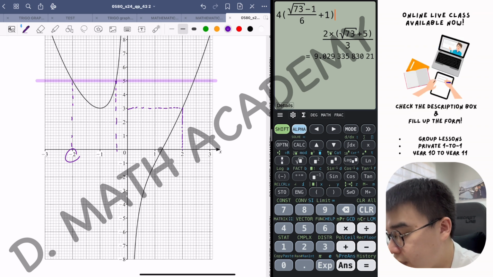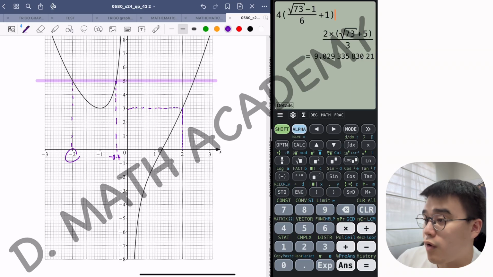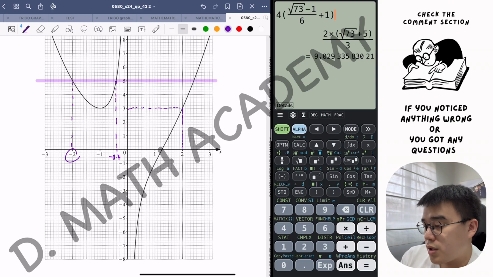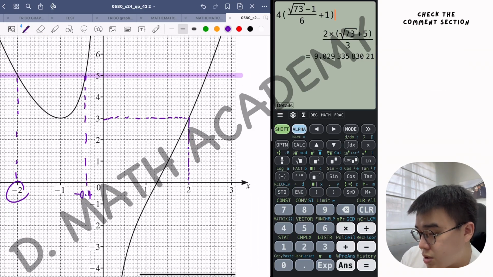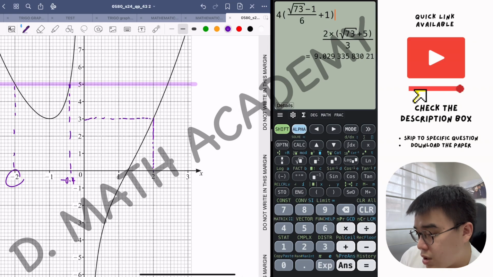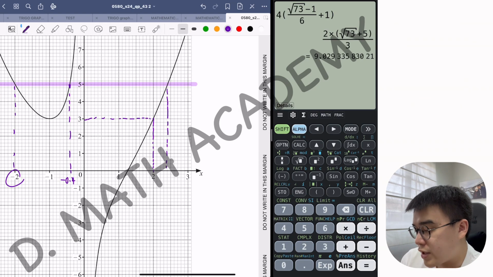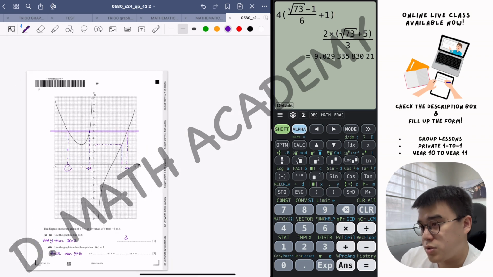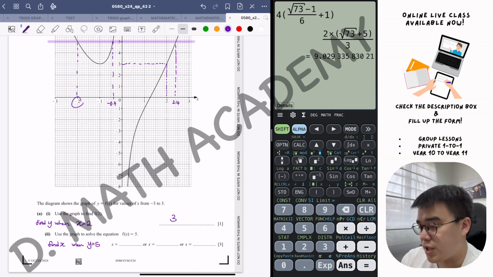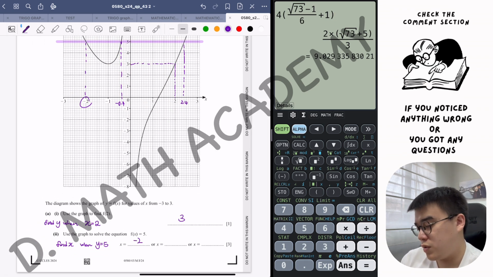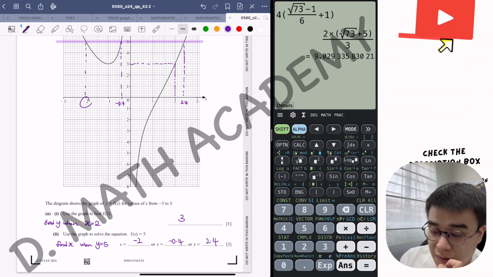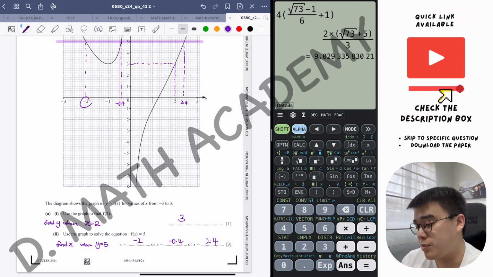This one shows me -0.4. And then the other one over here shows me the answer as 2.4, I think. So with this information, time to fill it in. You have -2, -0.4, and 2.4 as your final answer for A number 2.